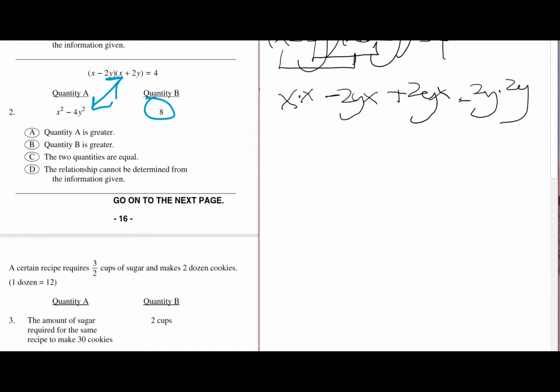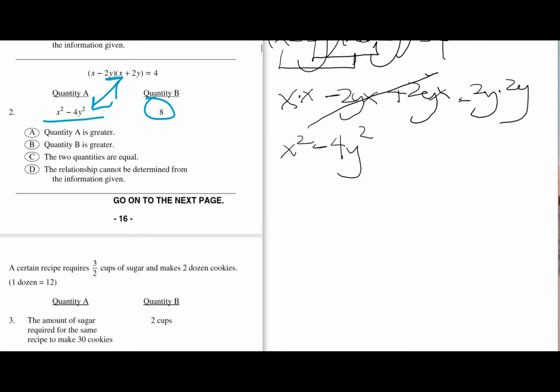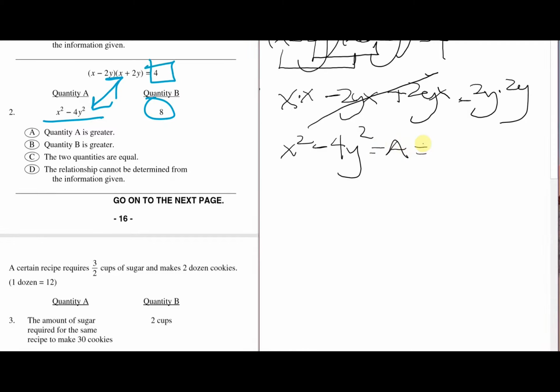This is a plus and a minus, so these cancel, and you're left with x squared minus 4y squared, which we know is actually a. And we know that this equals 4, which we know is less than 8. So therefore, a is less than b. So that's all for that problem.